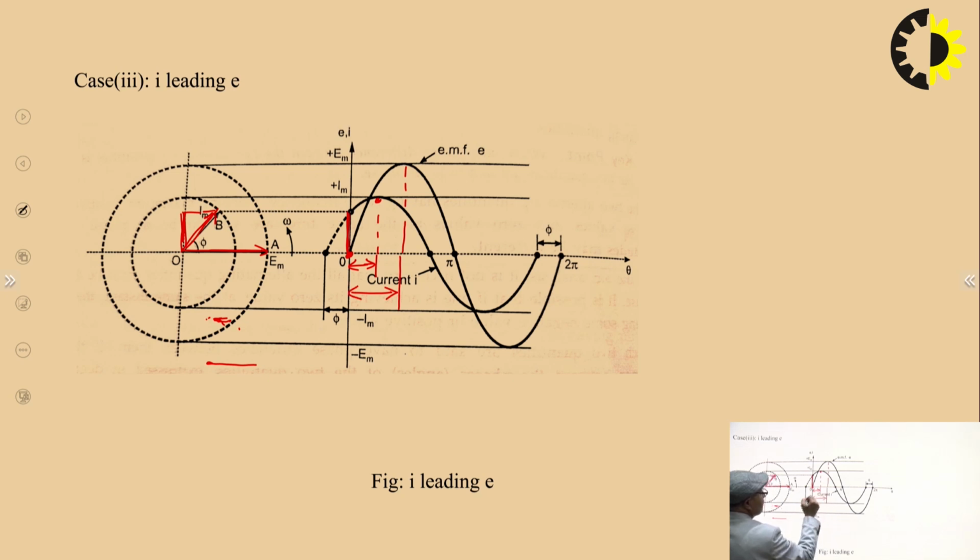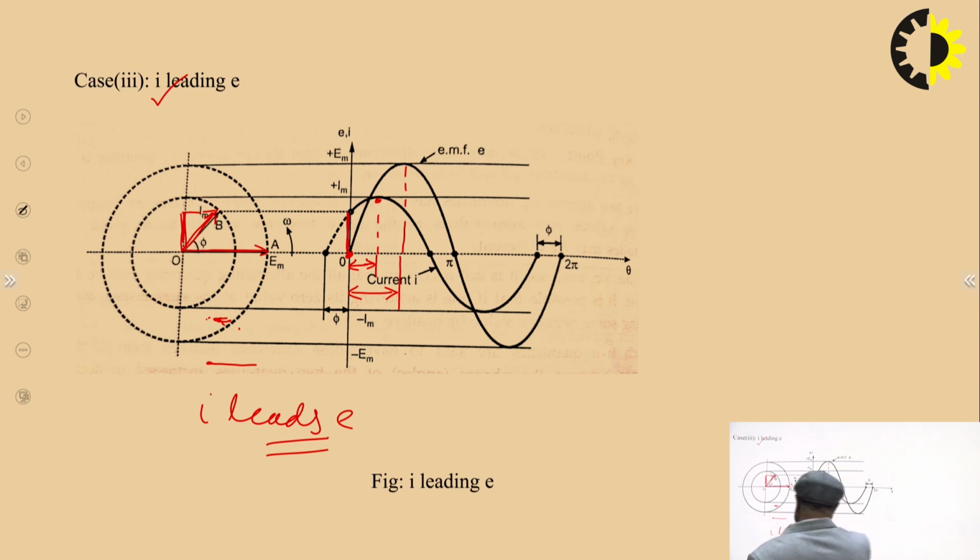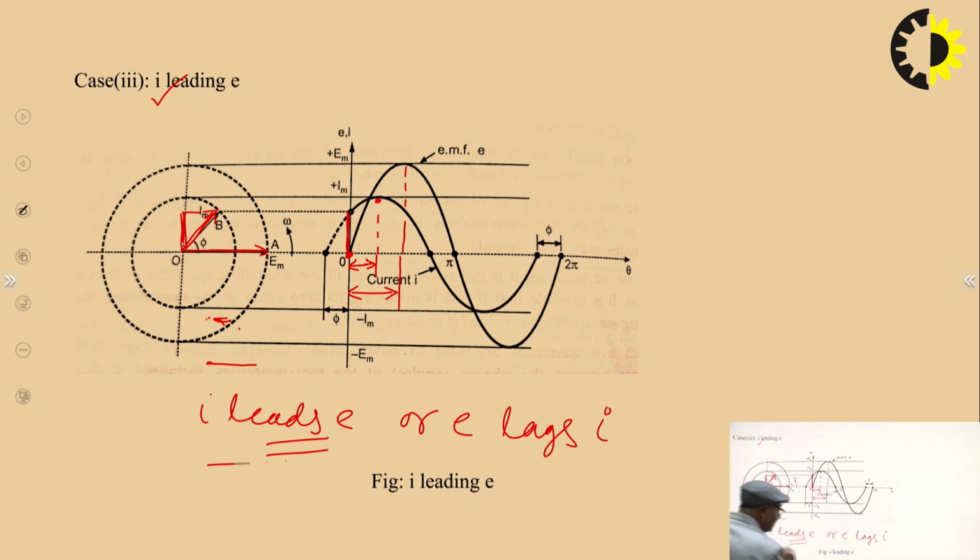So the peak of current comes earlier than the peak of voltage, hence current is leading the voltage, or I leads E. This is the meaning of leading. I leads E, or you can say E lags I. Both meanings are the same.